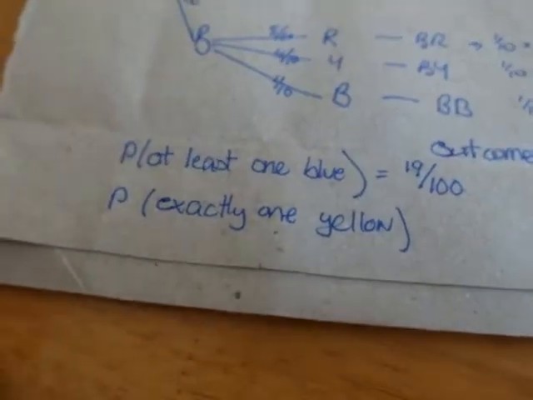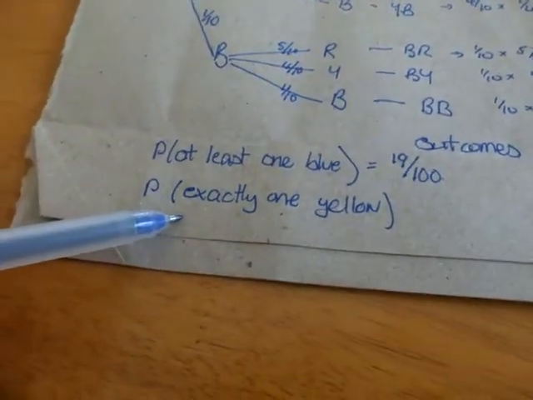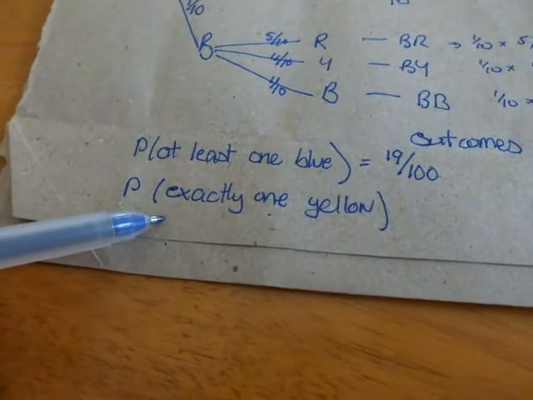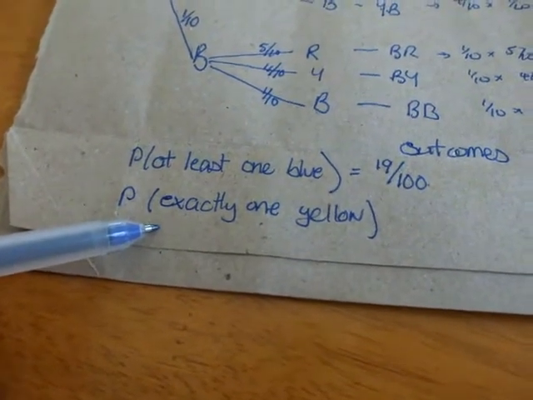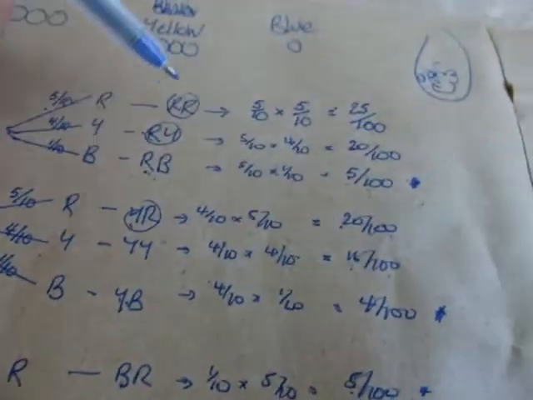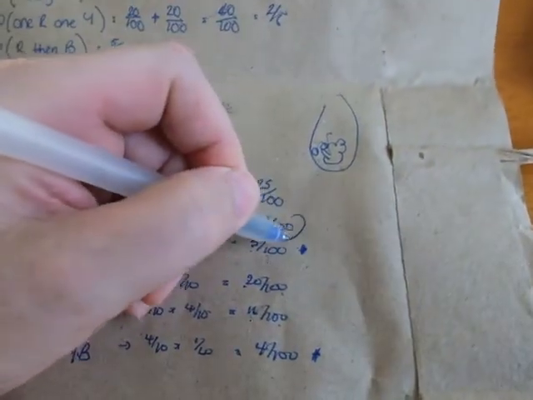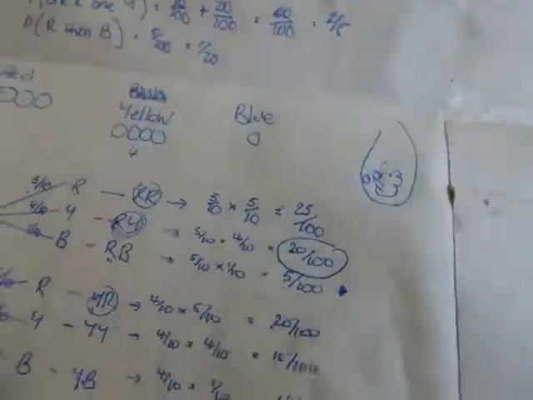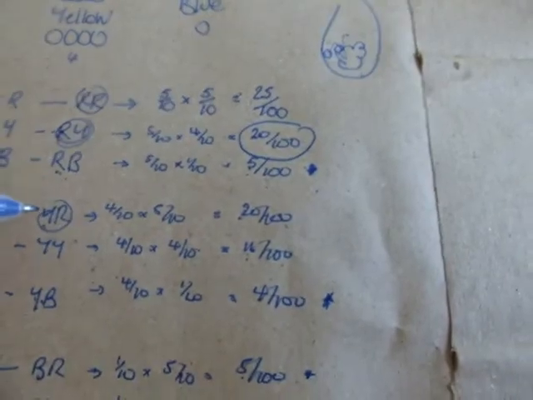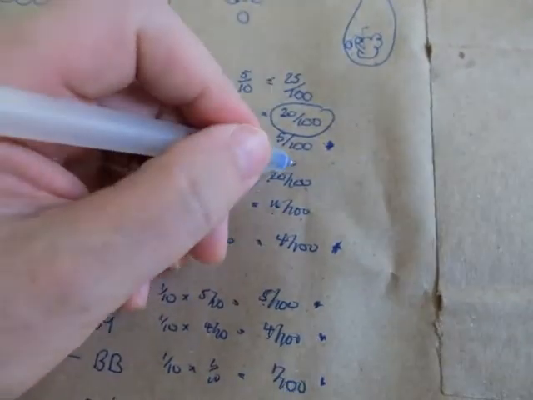And the last one here is the probability of exactly one yellow. Okay, exactly one yellow. So I go back up and I find those cases. Okay, here is one, so that's that particular one. This is one yellow.